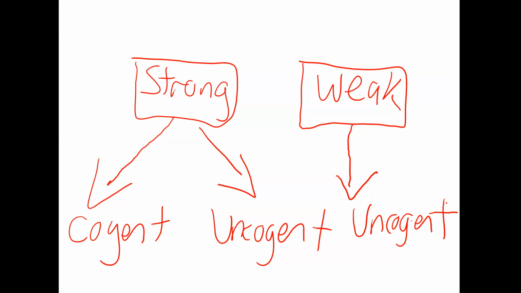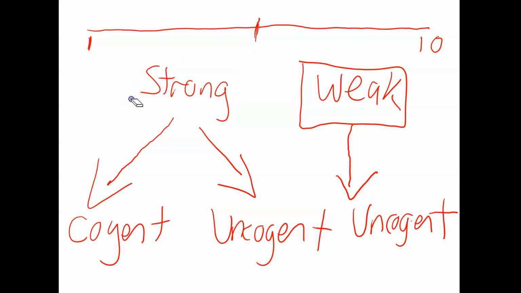Okay, good. Now, one last thing I want to show you while we're here on this whiteboard area is that strength can come in a matter of degrees. Let's say that this is 1 and this is 10. And let's say that this is the dividing line, right?